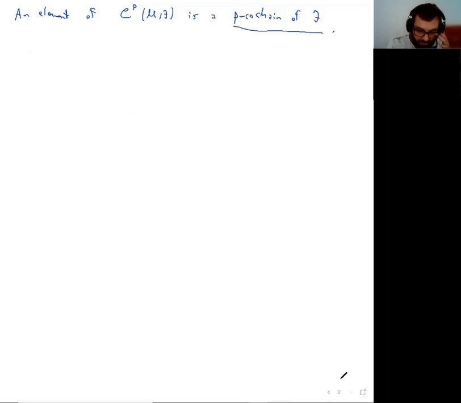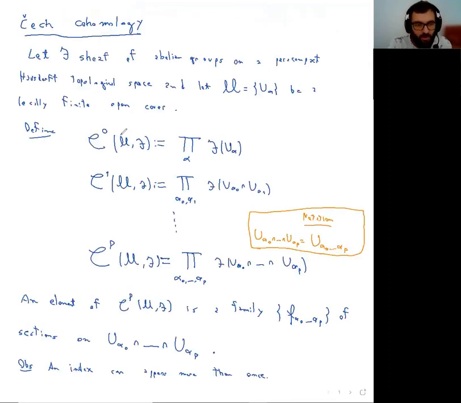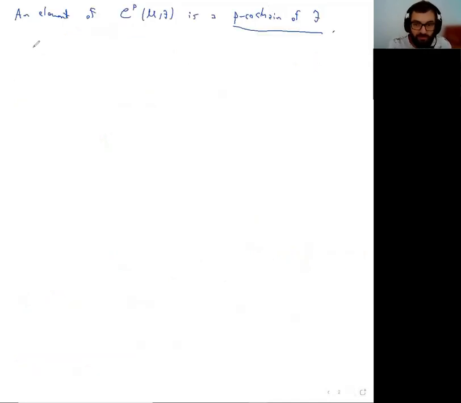And okay, so the idea here is that we have these objects which increase in index, and we want to define the operator that raises the index, some kind of differential, if we take the parallel with de Rham cohomology.